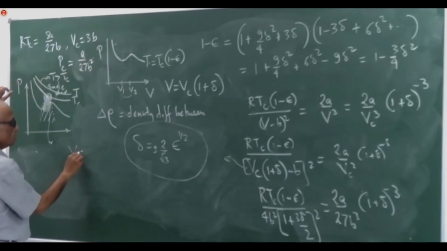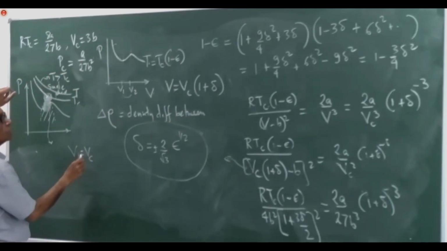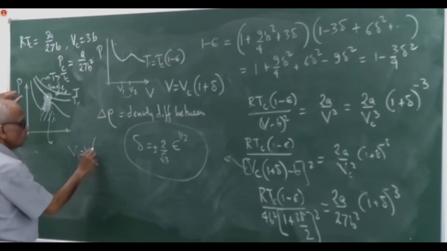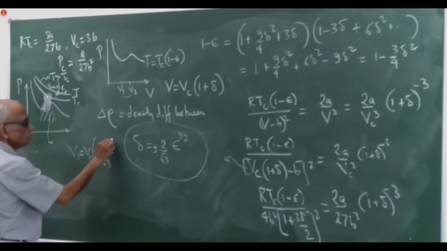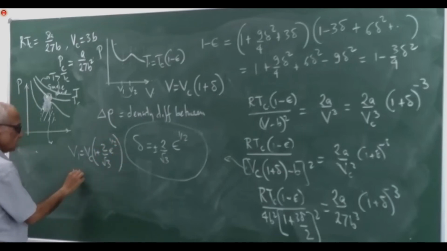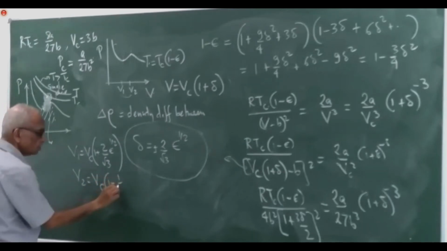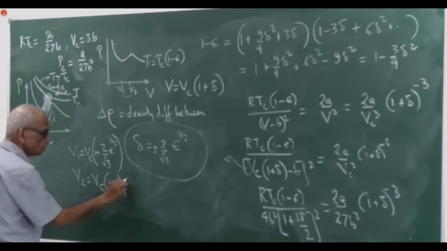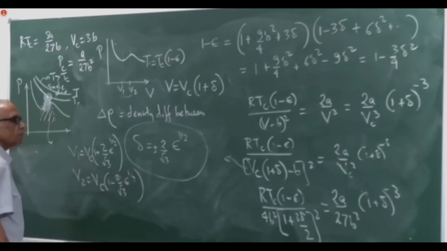So V1 is equal to Vc into 1 plus 2 by root 3 epsilon to the power half. And the other, which is V2, is equal to Vc into 1 minus 2 by root 3 epsilon to the power half.